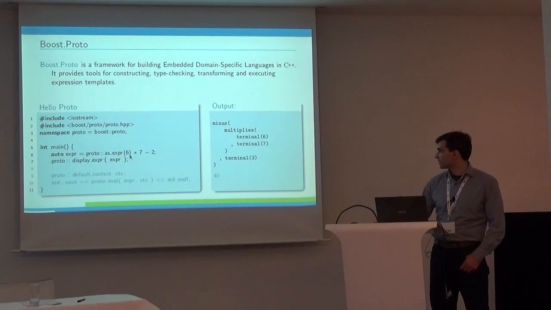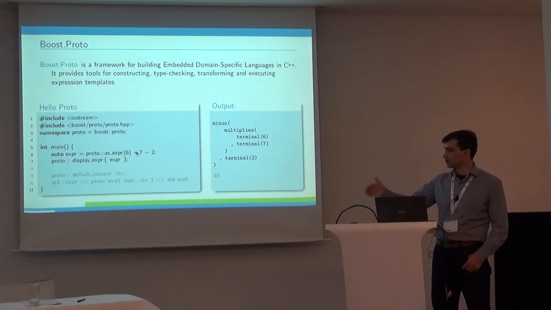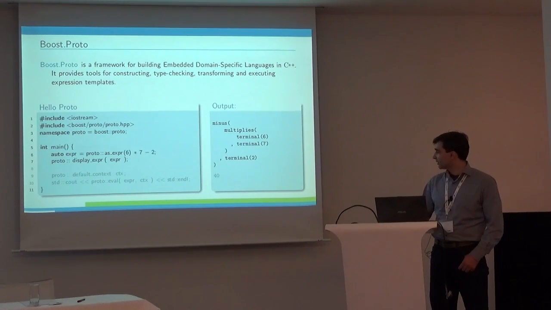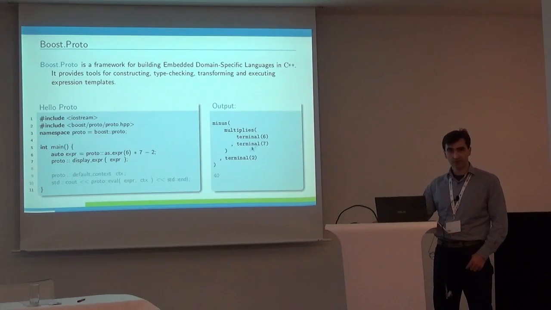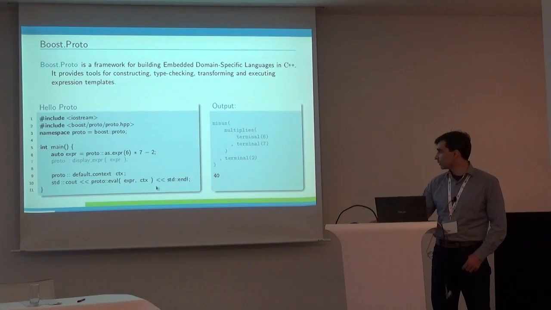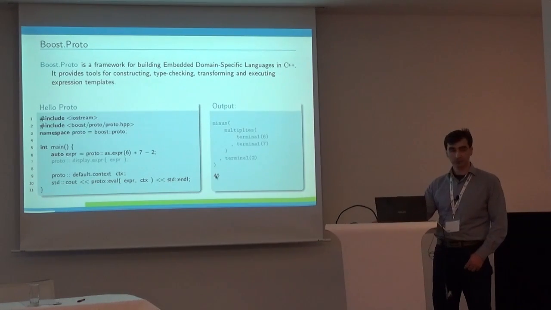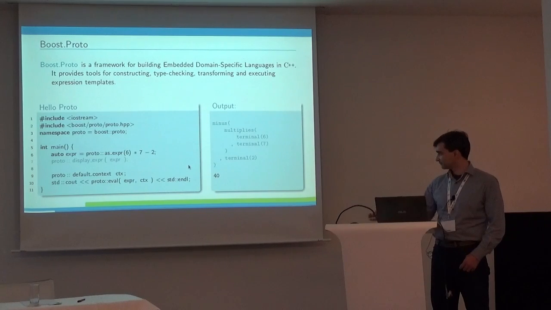So when you multiply this terminal 6 with 7, you just get an expression which says that you want to multiply 6 and 7, but does nothing at this time. Okay, and then, for example, you can display this expression, and it will show this tree structure for you, and you can also evaluate the expression, and you do this by providing a context. And the default context in Boost Proto just returns whatever is inside the terminal. So it will just do what you would think it would do. It will just return the number 42 as a result.